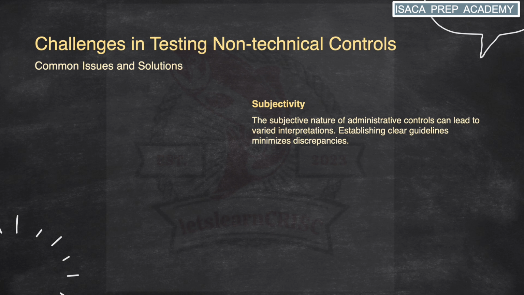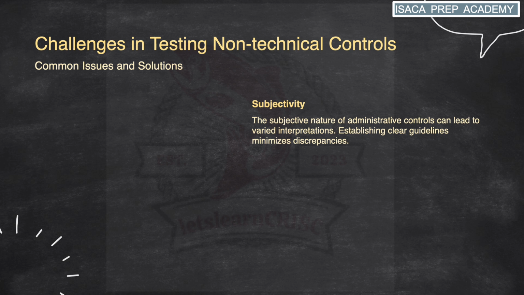Because these controls often involve policies, procedures, and guidelines that are subject to interpretation, different stakeholders may perceive and implement them differently. And this variability can result in inconsistencies in how security measures are applied and enforced, potentially leading to gaps or weaknesses in the organization's overall security posture.